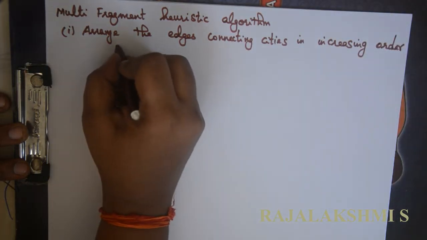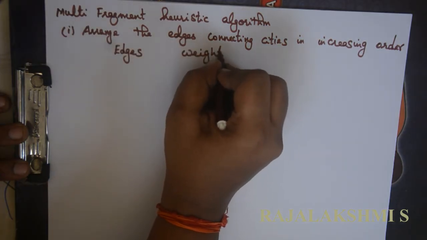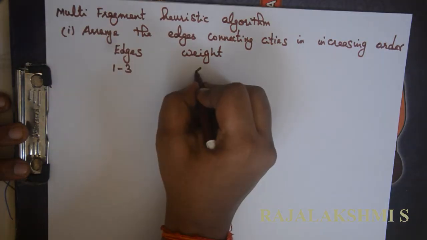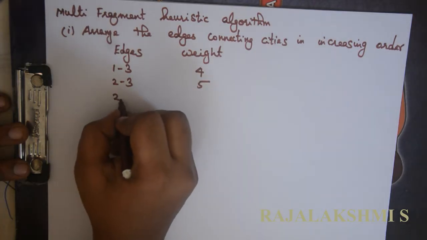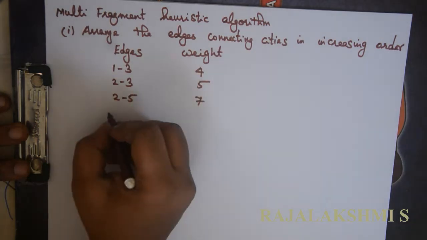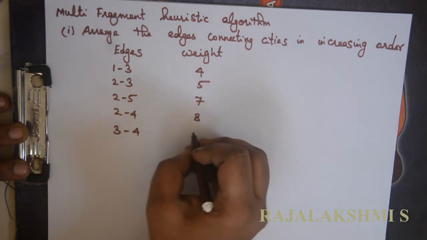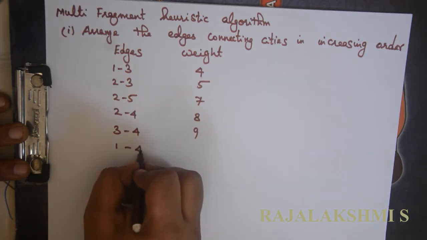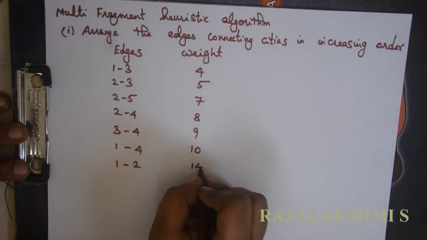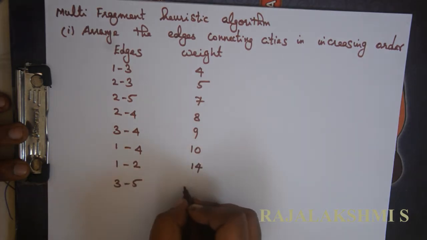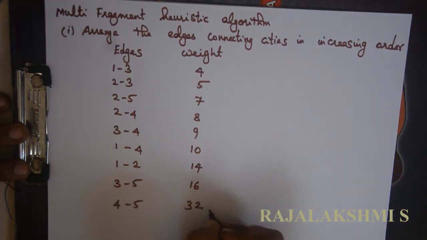So we will have the edges along with weight: 1 to 3 is 4, 2 to 3 is 5, 2 to 5 is 7, 2 to 4 is 8, 3 to 4 is 9, 1 to 4 is 10, 1 to 2 is 14, 3 to 5 is 16, and 4 to 5 finally is 32.